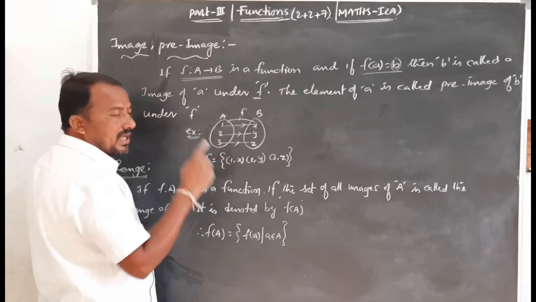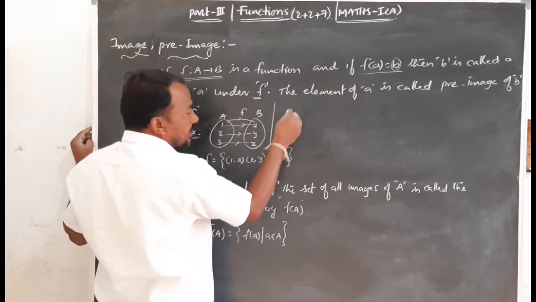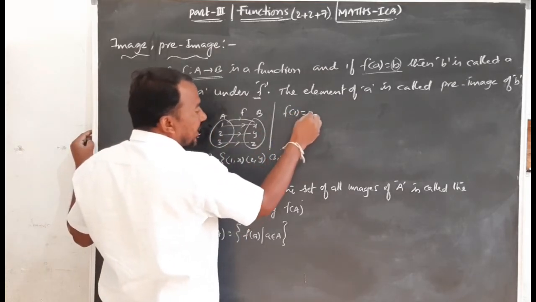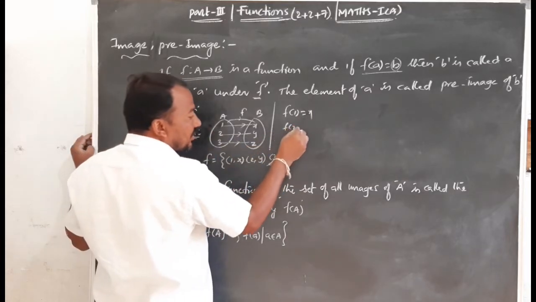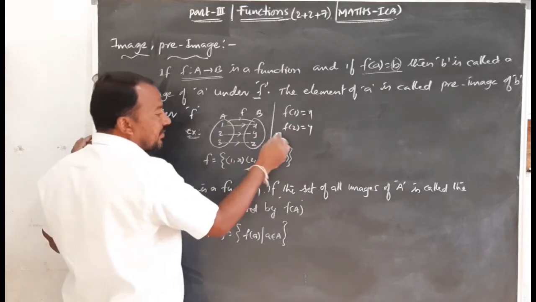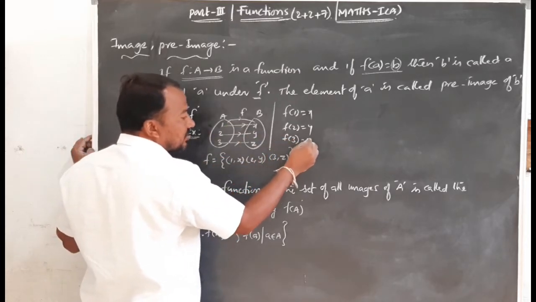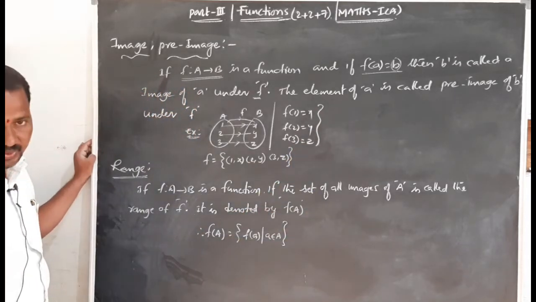So that is called an image. Image of 1 equals x means f of 1 equals x. Image of 2: f of 2 equals y. Image of 3: f of 3 equals z. These are the images of 1, 2, 3.